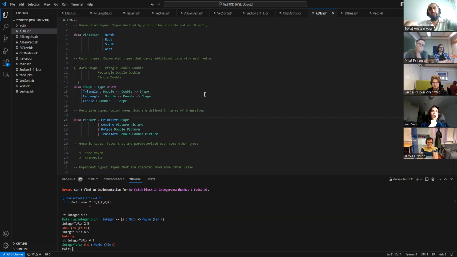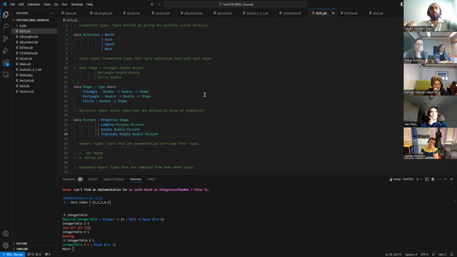There are recursive types, which are just like union types with the difference that they refer back to themselves. So here is a data type for pictures. A picture can be either a primitive shape, or a combination of two pictures, or a rotation of a picture by a certain degree, or a translation of a picture to another location.